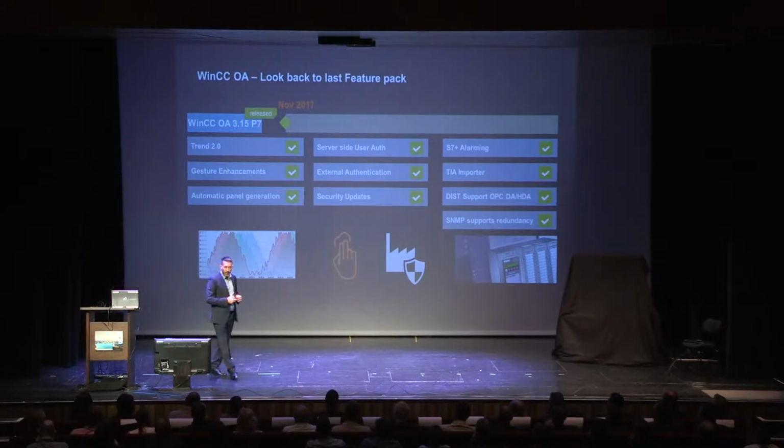In the direction of UI enhancement, I would like to highlight the Trend 2.0 we released, and this is really the next level in customizing of a trend. Just to give you an example, with Trend 2.0 it's now possible to put information from alarms coming and going directly into the trend.